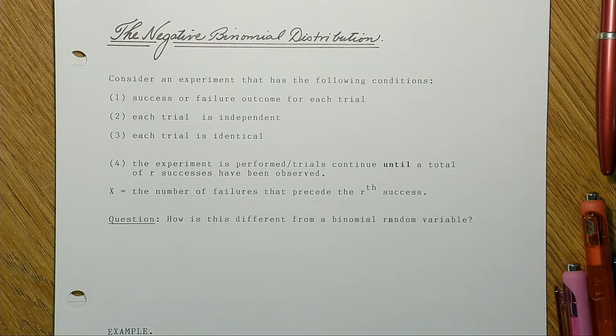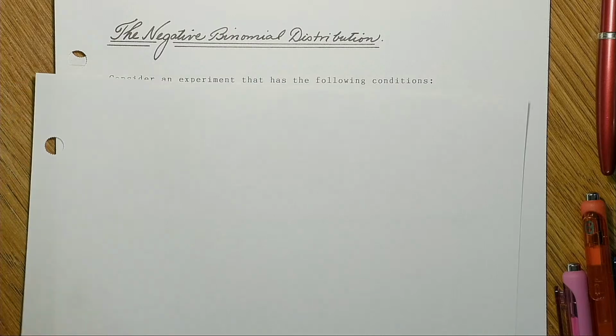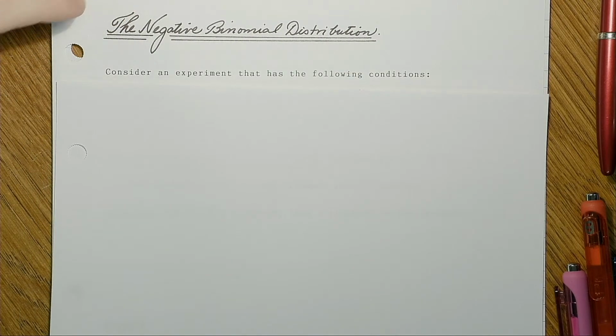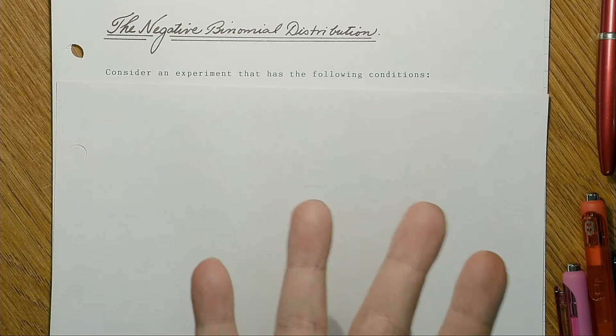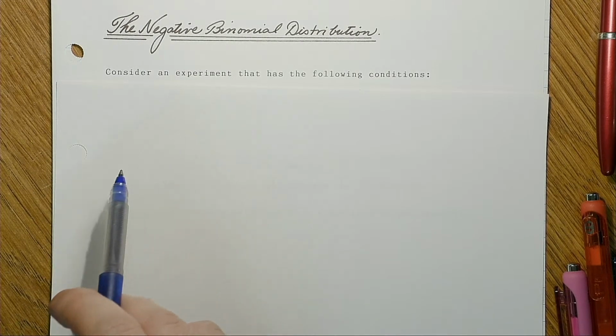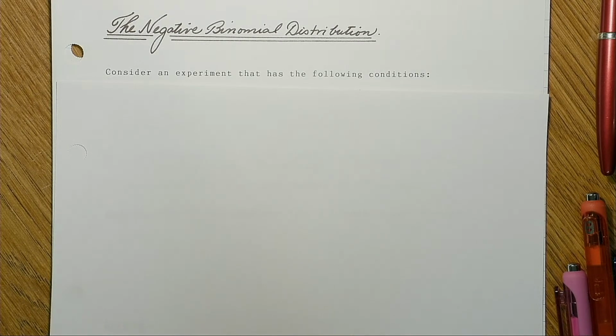So the next distribution that we'll cover is the negative binomial distribution. I should also mention that if you're in the class on Moodle, you can download the fill in the blanks version of these notes. I've already scanned them and posted them to the website, so you can download those.